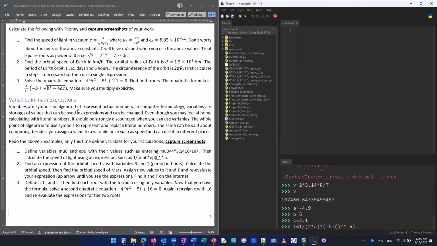See the structure and then fill it. b squared minus 4ac, 4 times a times c. Okay, so this is a lot easier to type instead of trying to put the numbers in. So how about we call that T1, one of the roots.